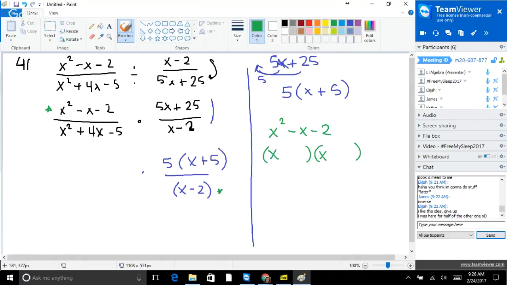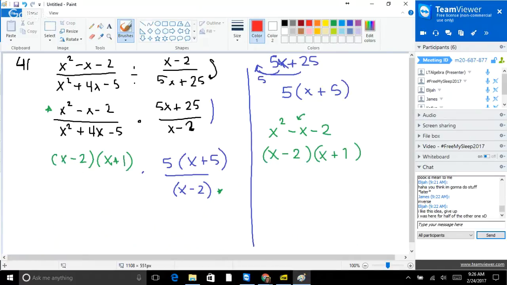All right, so to make 2, it's definitely 2 times 1. And in order to get a negative 1 here, I want my negative 2 to be bigger to cancel out my positive 1. Okay, so this becomes x minus 2, x plus 1.